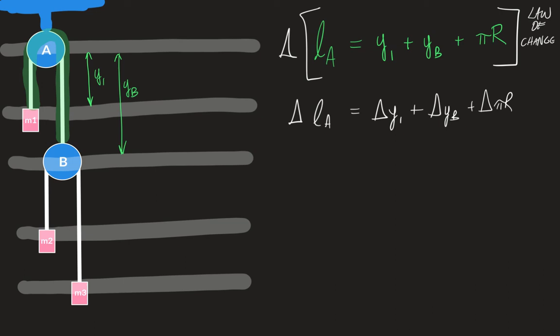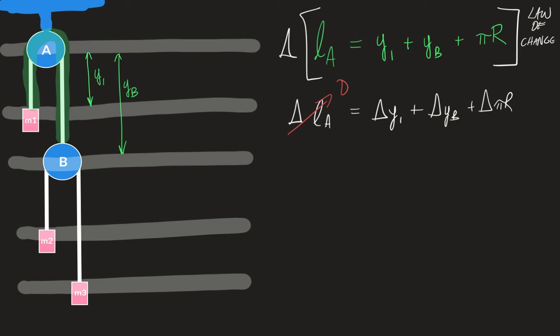Now, because the law of change says there's going to be a change in these quantities, we could ask ourselves, what's going to be the change in the length of A, the whole rope? Well, we know that's going to be 0. We don't know what delta y1 and delta yb are going to be, but we know they're not 0. In fact, if one gets bigger, the other one gets smaller by the same amount.